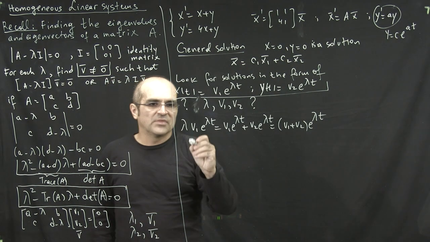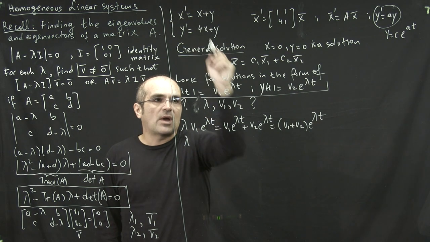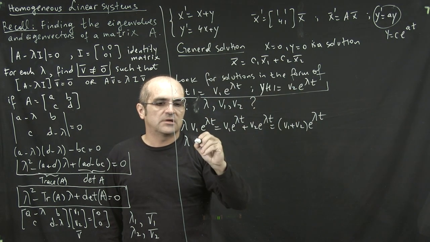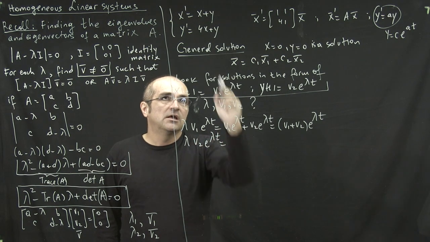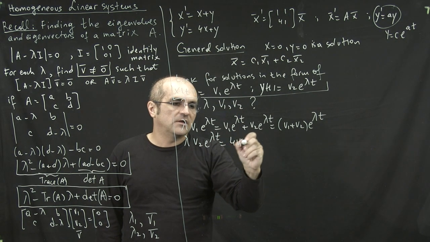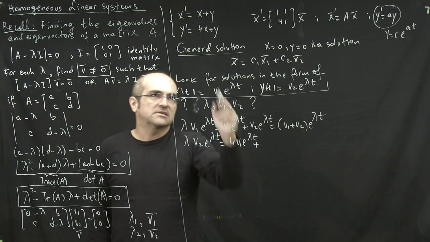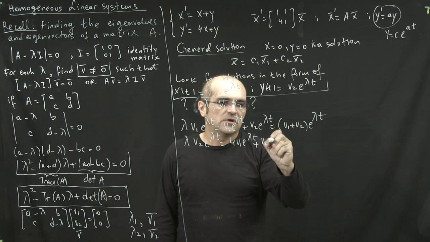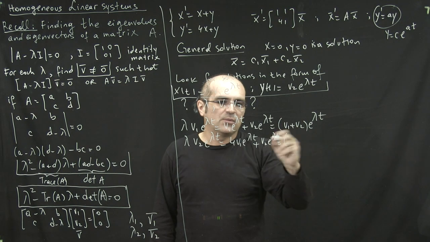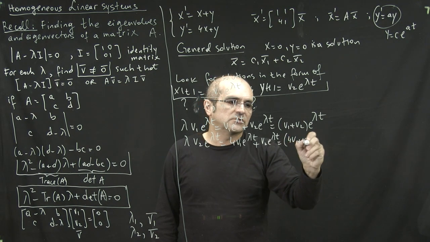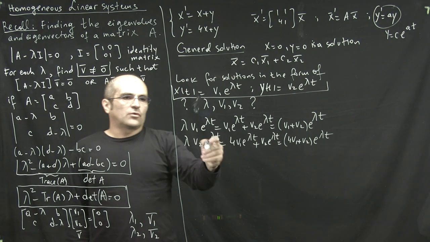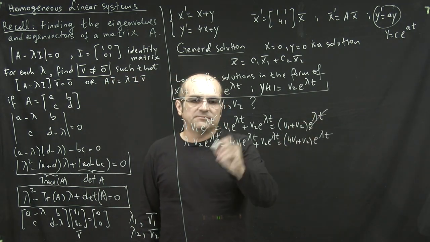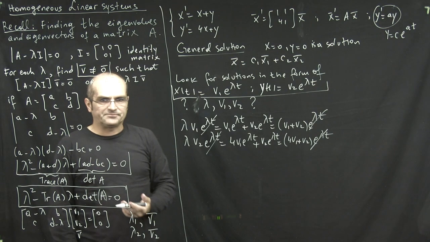On the left hand side for y prime, it would be lambda v2 e to the lambda t, equals 4 times v1 e to the lambda t plus y, which is v2 e to the lambda t, and again we can pull out e to the lambda t. And as you notice, from left to right, we can divide by e to the lambda t and cancel it out.